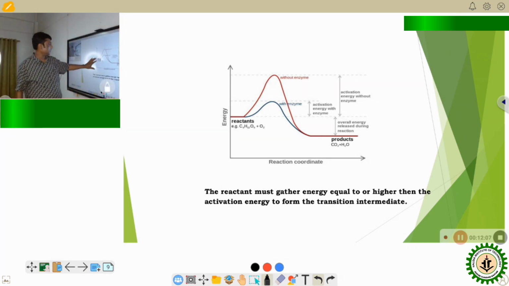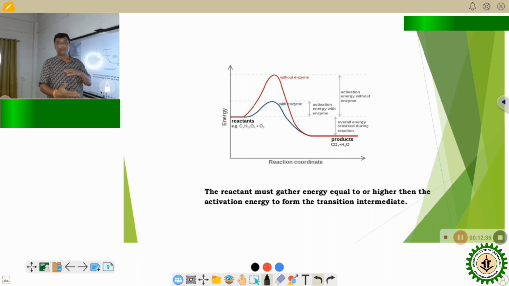Suppose you consider a reactant, here the reactant is glucose. Glucose has its own internal energy. Glucose is a stable compound. Glucose is generally non-reactive. Our target is to convert that reactant into product. So first we have to convert this non-reactive one into a reactive one.